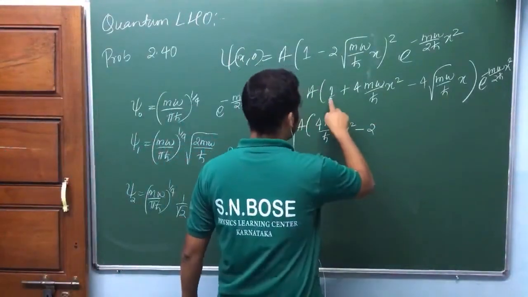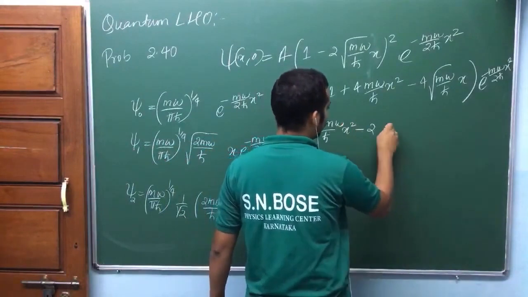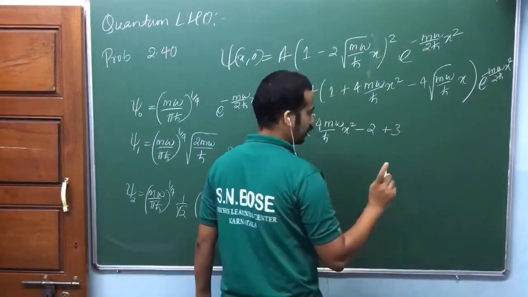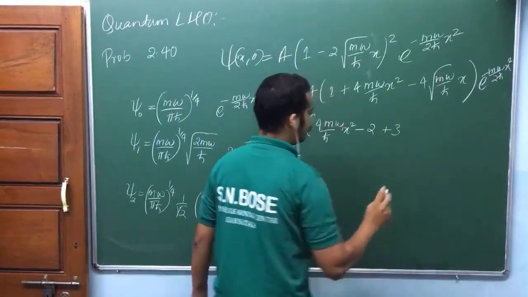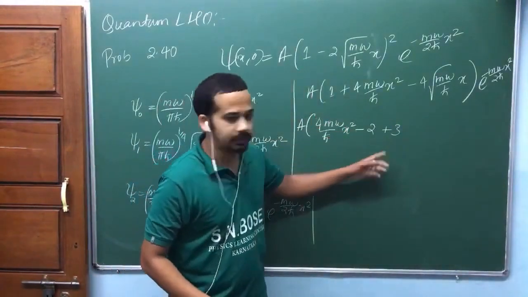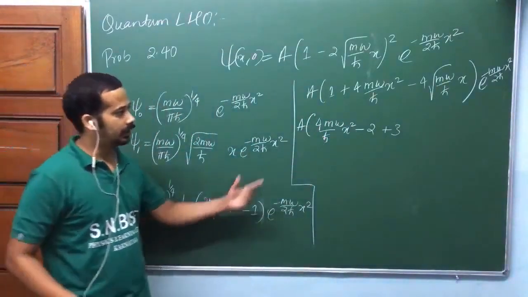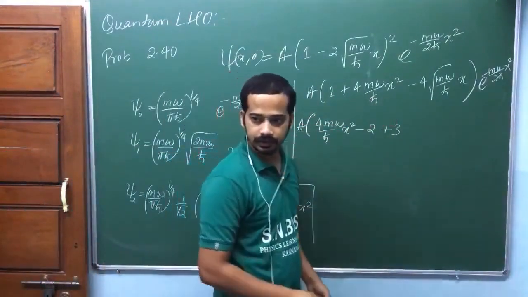But plus 1 was there, minus 2, I should add plus 3, am I right? 1 is replaced by minus 2 plus 3 because I need this factor, and that factor can be multiplied with Gaussian later.